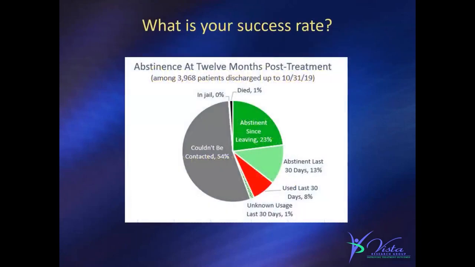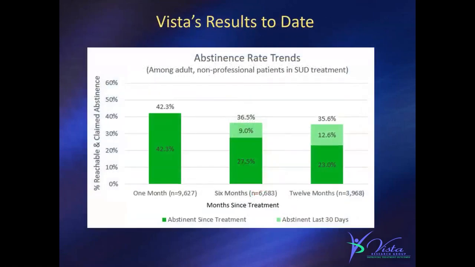For the first time, you'll be able to answer questions like, what is your success rate? What percentage of patients were reachable and abstinent for at least the last 30 days at 6 months and 1 year post-treatment? And how does that compare to Vista's norms?